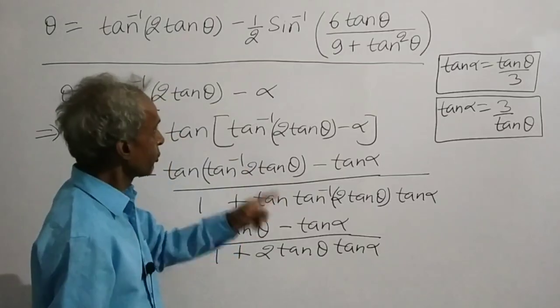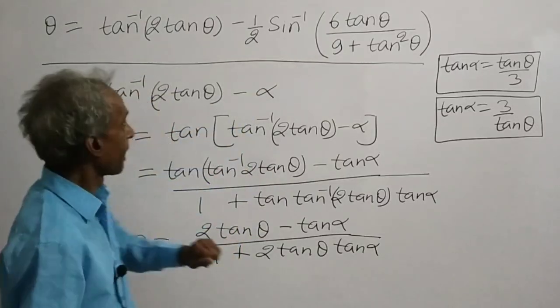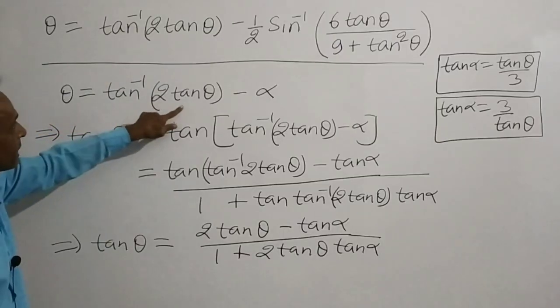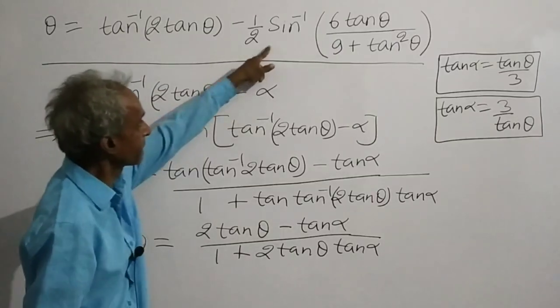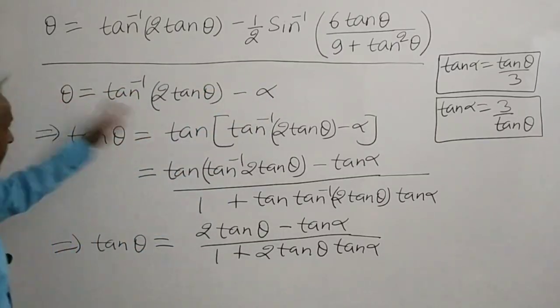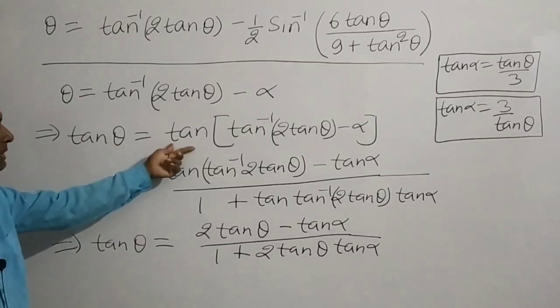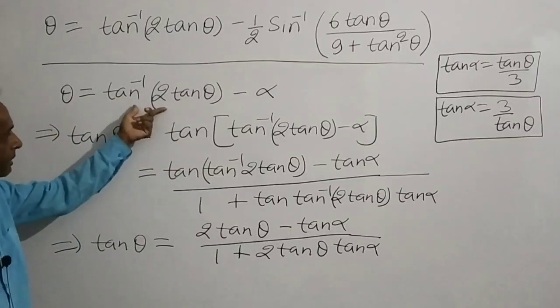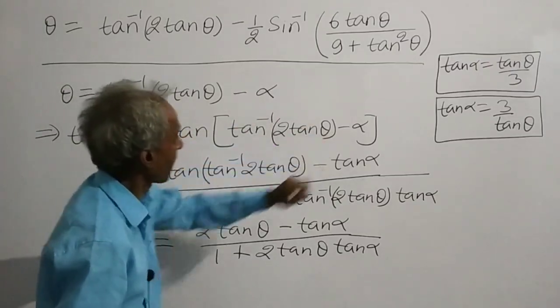Since we assumed this as alpha, therefore this will become theta is equal to tan inverse 2 tan theta minus alpha. Taking tan both sides, we get tan theta is equal to tan of this angle minus alpha.